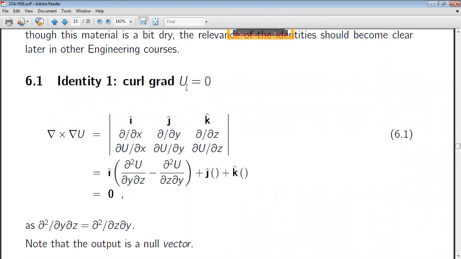Remember. ठीक है, ये आइडेंटिटी तुम लोग को प्रूव करना है, and you have to submit in WhatsApp. Curl gradient u equal to 0 in a proper manner. Here some skip lines are also there. There is z cap within bracket, not written anything. So you just have to write all the terms.